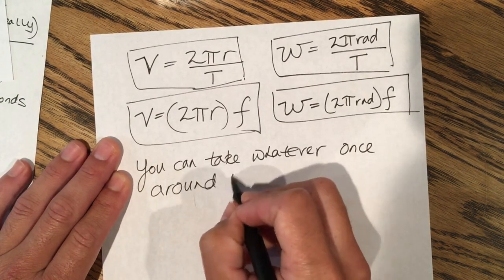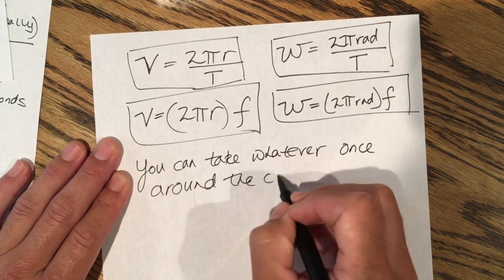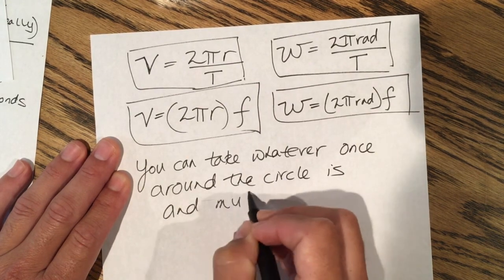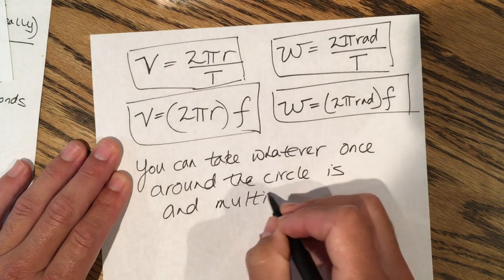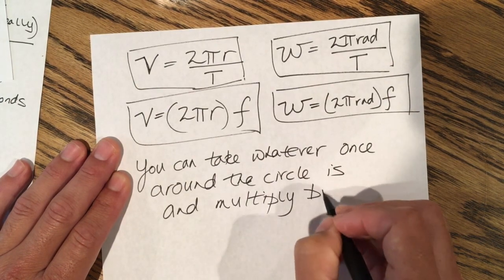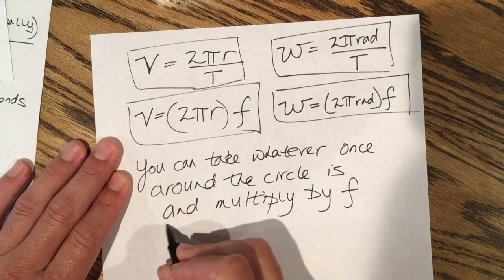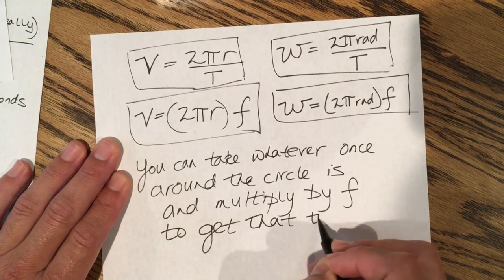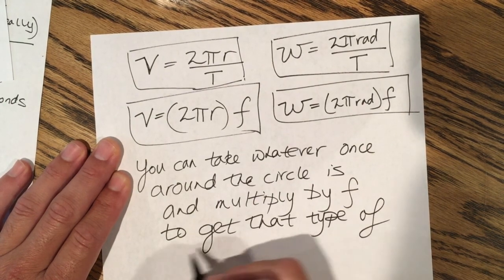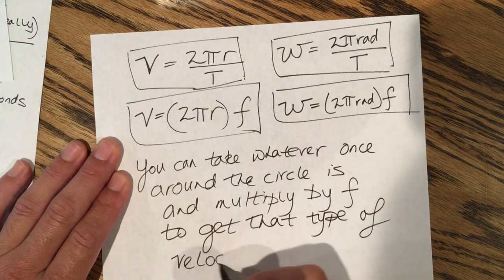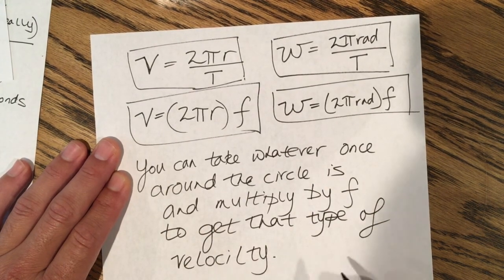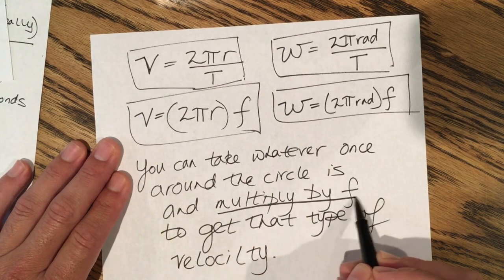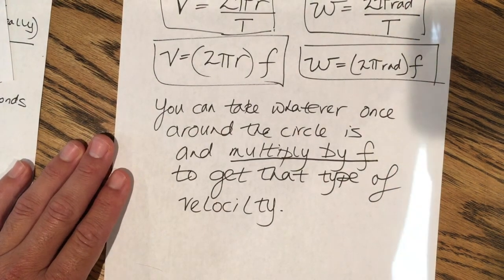You can take whatever once around the circle is, and instead of multiplying by frequency, you could have put in there divide by the period.